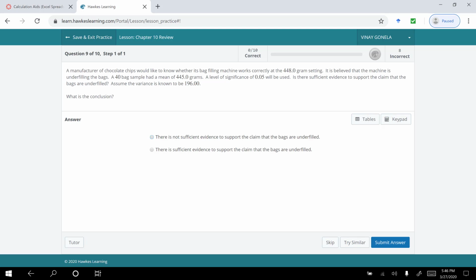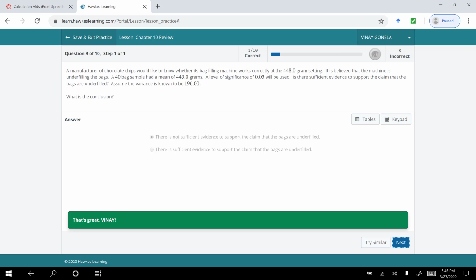That is what our analysis says. So we don't have evidence that it is underfilling. So we will submit this, and that's how you will be solving these kind of problems. This concludes my lecture on one tail. Thank you.